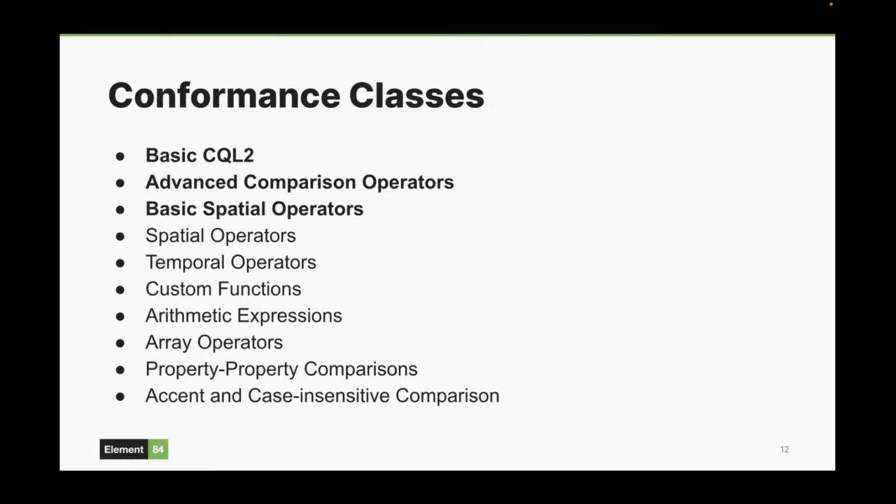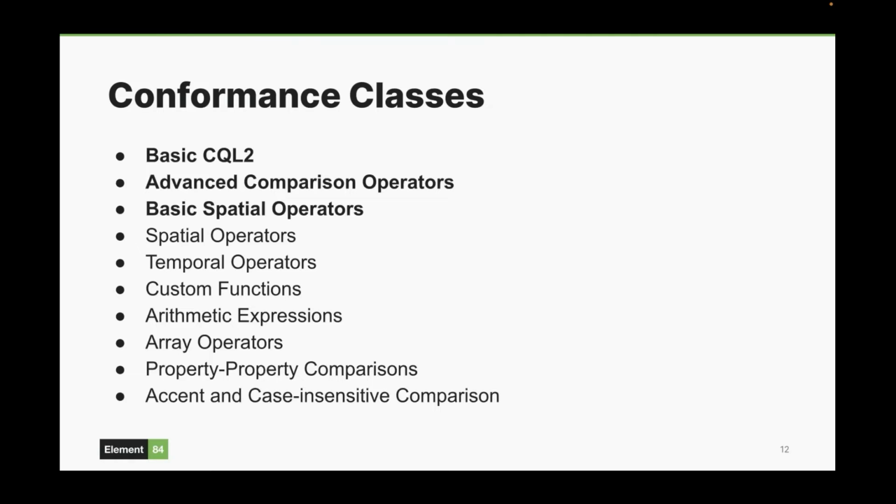You can implement whatever behaviors you need to, you can do it in an incremental fashion, and you can advertise what you actually support through conformance classes. And likewise, clients can look at these conformance classes and know what features an API implements, and then only surface those features to the API user.